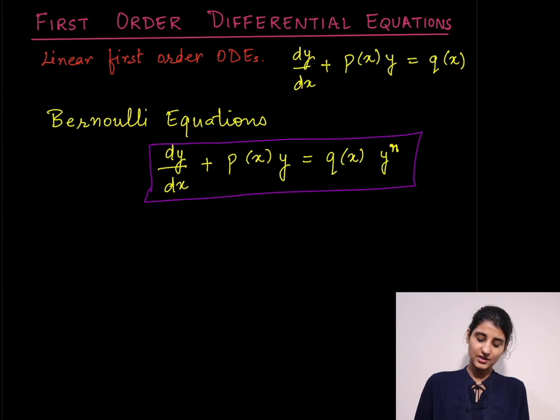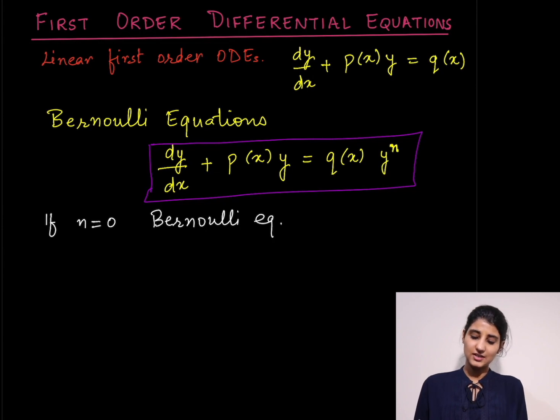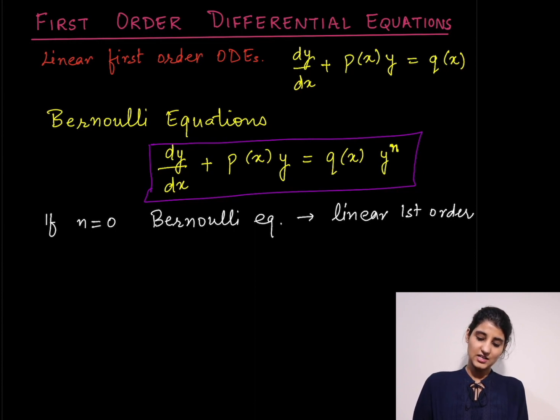Now if n is equal to 0, then the Bernoulli equation is our linear first order ODE, and we know how to solve it. If n is equal to 1, then the term on the right hand side will be q(x) times y. Let me show you.